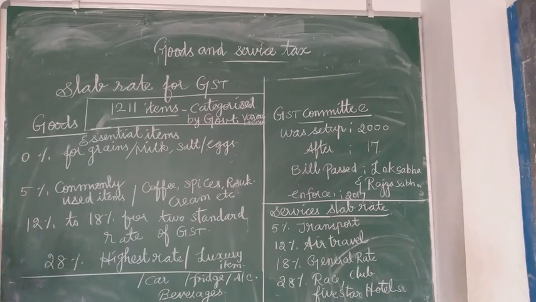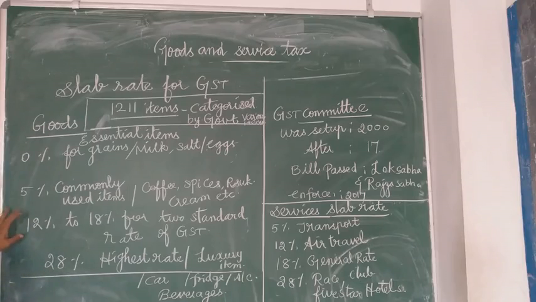Then 5% tax is collected for commonly used items such as coffee, spices, rusk, bread, cream, etc. And then 12% to 18% are the two standard rates of GST.